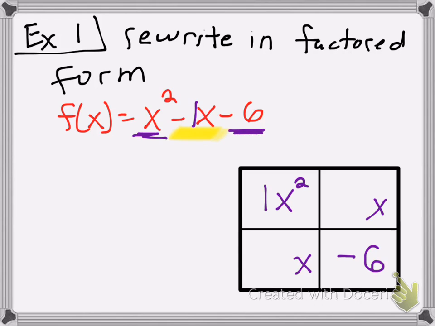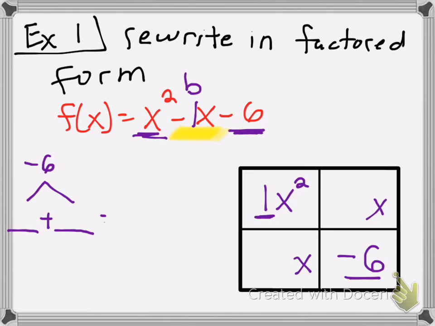The next thing I need to do is to multiply the 1 in the Punnett square with the negative 6, which is negative 6. Now I need to think of two numbers that multiply to give me negative 6, but add to give me that middle term. It's in standard form, that B term.